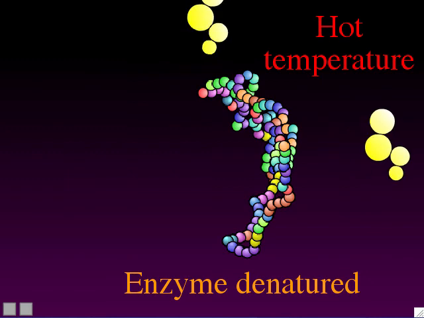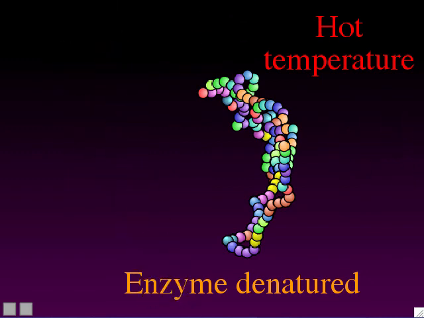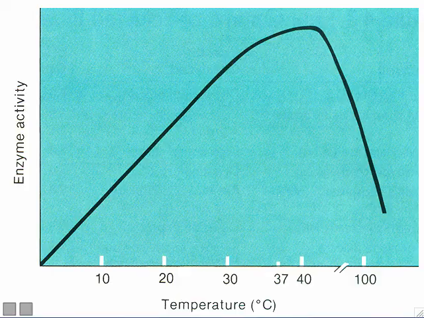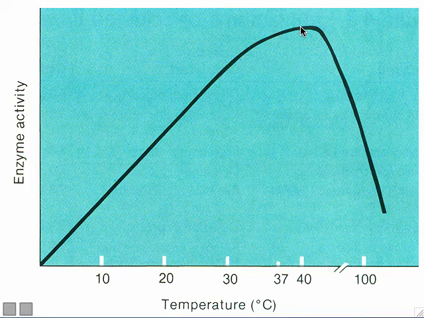Okay, so on that enzyme activity versus temperature graph that we saw a moment ago, just to have the major points, for the enzymes in your body, their optimum activity occurs at body temperature, 37 degrees. That makes sense because that's the natural environmental condition for temperature, and enzymes generally work best in their natural environmental conditions.